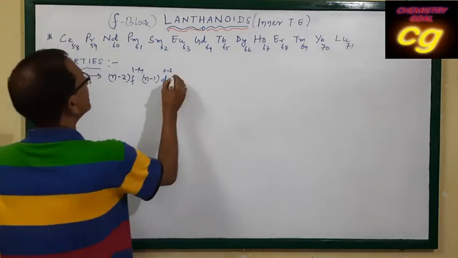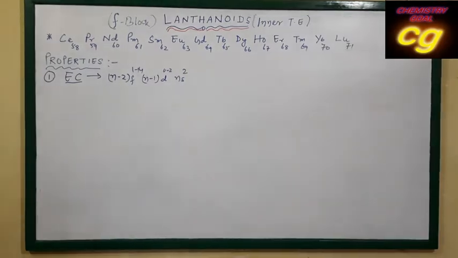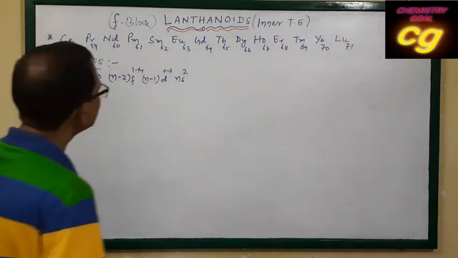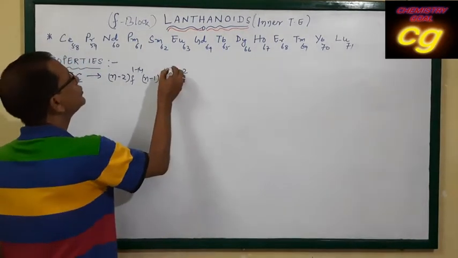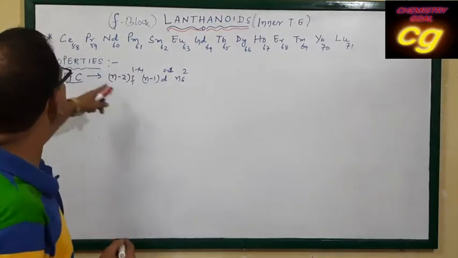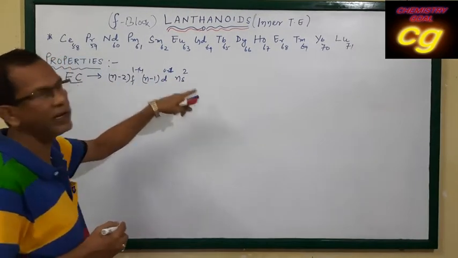then ns2. So this is the general configuration of lanthanoids. But generally the n-1d is 0 to 1. So n-2f 1 to 14, n-1d 0 to 1 and ns2.